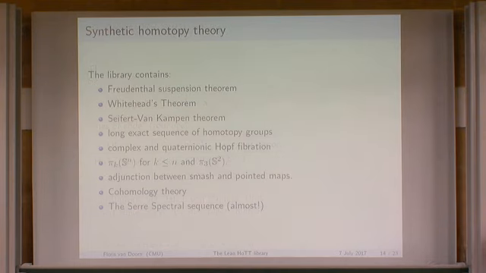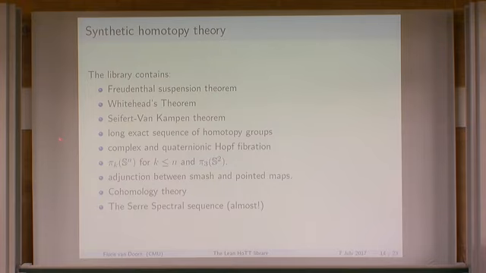So these are some of the things of synthetic homotopy theory which we've formalized in Lean. We formalized almost everything of chapter 8, the synthetic homotopy theory chapter of the HoTT book. That includes the Freudenthal suspension theorem, Whitehead's theorem, the Seifert-van Kampen theorem, the long exact sequence of homotopy groups, the complex and quaternionic Hopf fibrations.